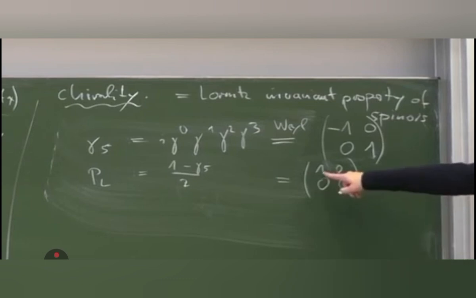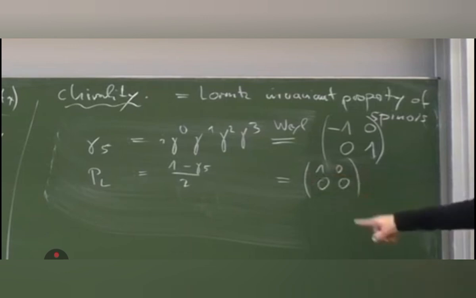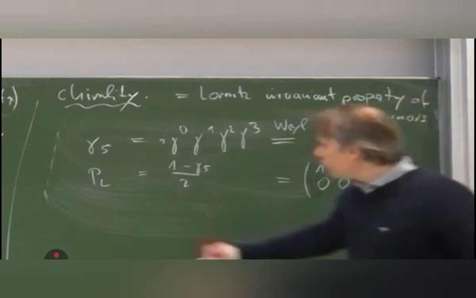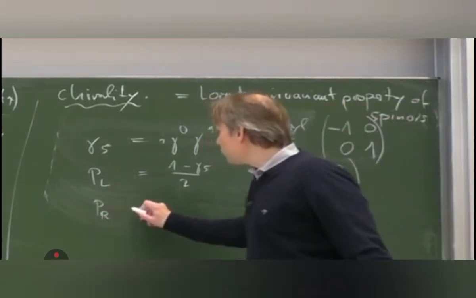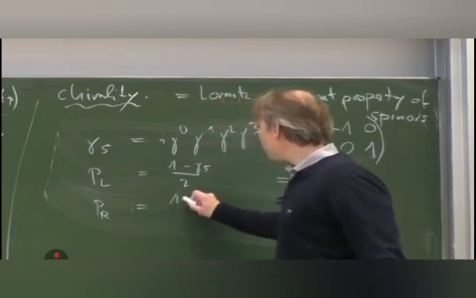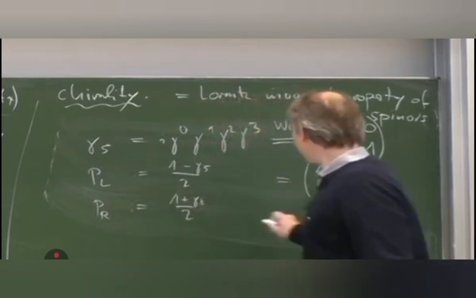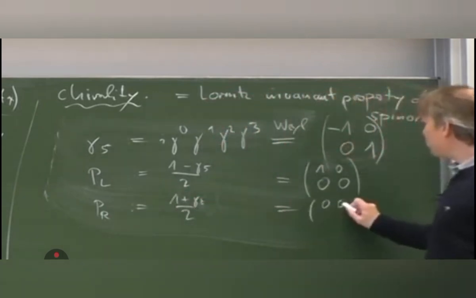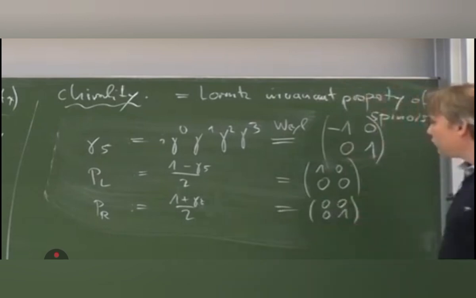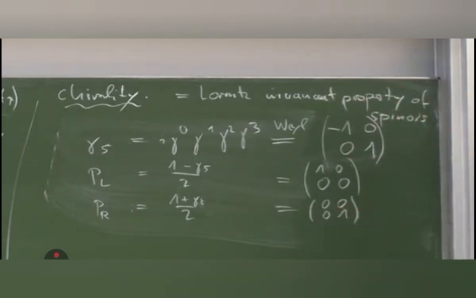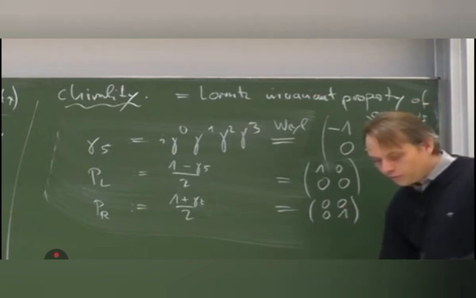Okay, so that is a projection operator which projects onto the first two components and it projects away the last two components. Then there is also a P right projector, (1 plus gamma 5) over 2, which is then 0, 0, 0, 1 in Weyl representation. So it's also a projection operator which projects out the first two components of your spinor.